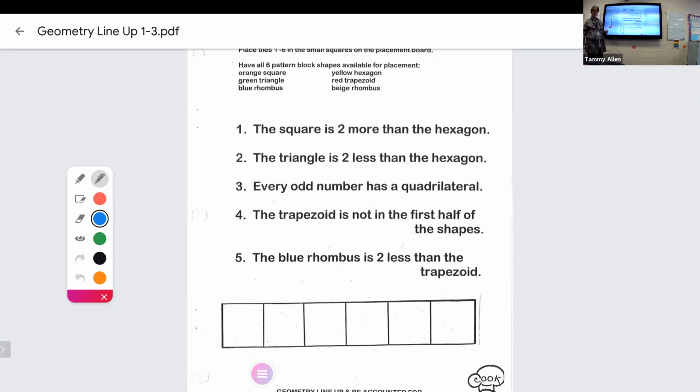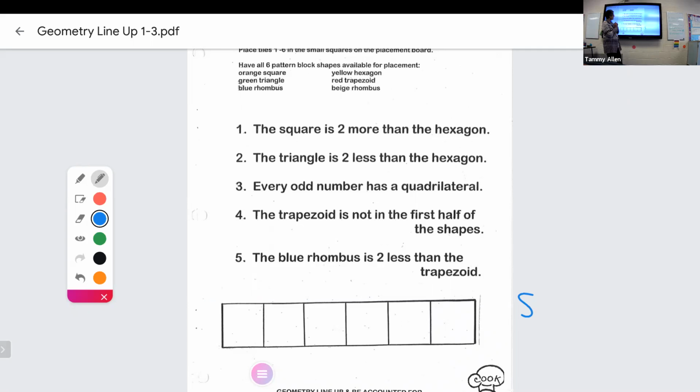So what we can do with that information is, if this is our square, where does our hexagon have to be compared to the square?